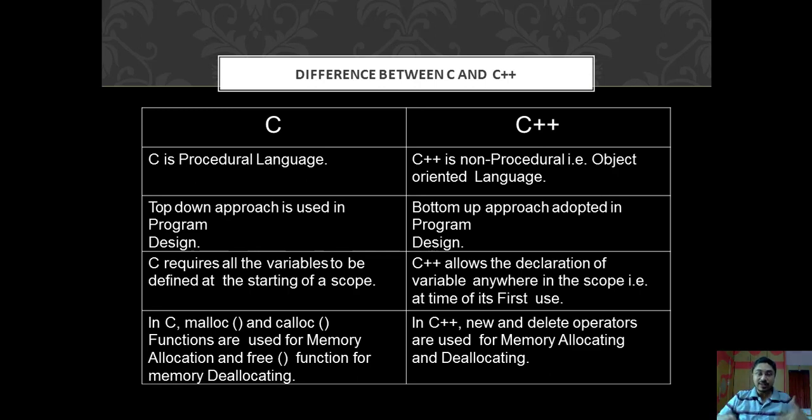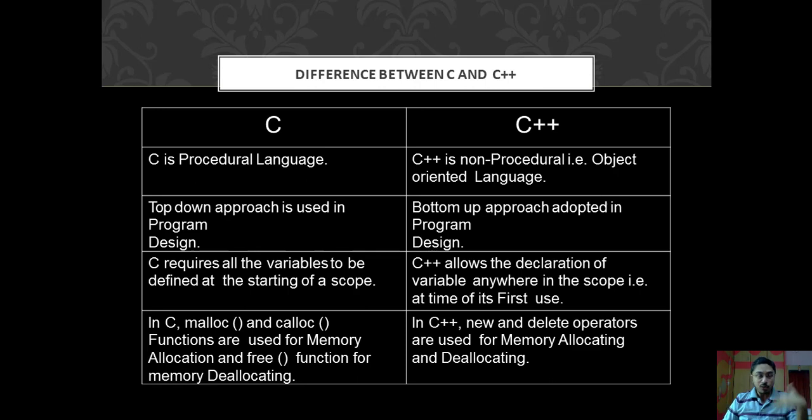So the way of designing is bottom-up. We start from the bottom and move upwards towards the main program. In C, we start from the main program and then go to the small procedures later on, in the down phases. That's why C is called top-down, whereas C++ is called a bottom-up approach.